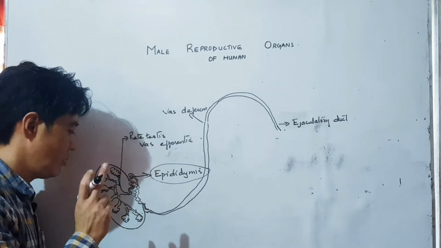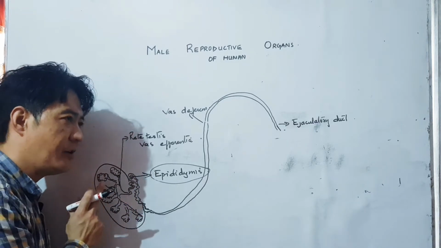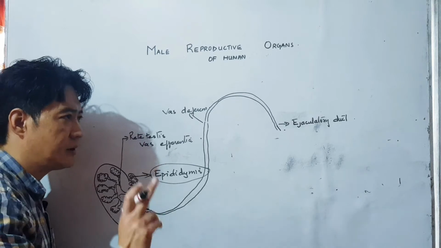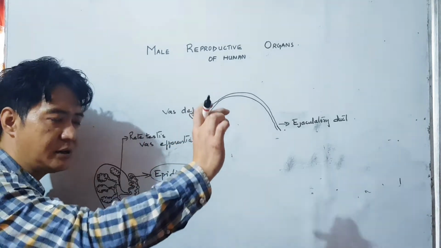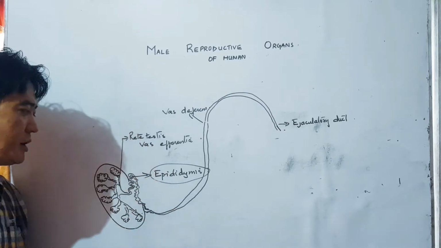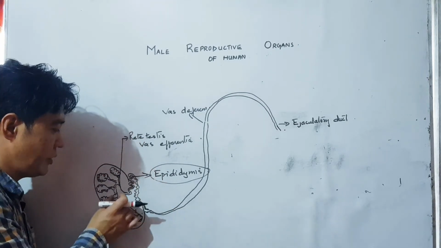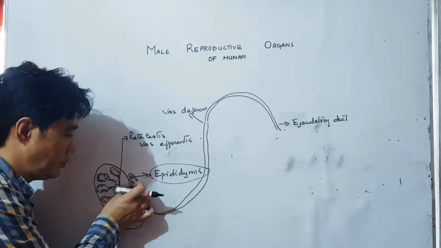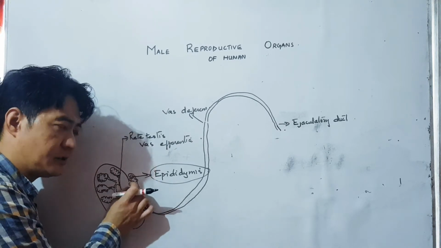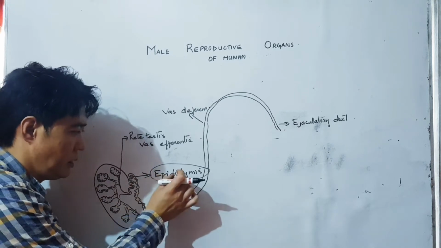So once again I will repeat that the common junctions of seminiferous tubules, that is 10 to 12 seminiferous tubules, meet at the same tubule, known as rete testis or vasa efferentia. All the vasa efferentia open at the common point, and that spermatic cord which is highly folded is known as the epididymis.